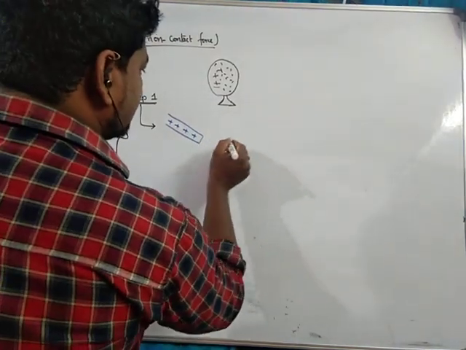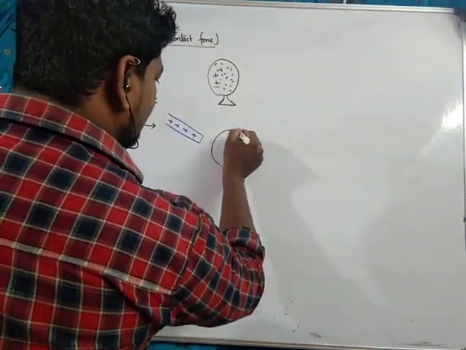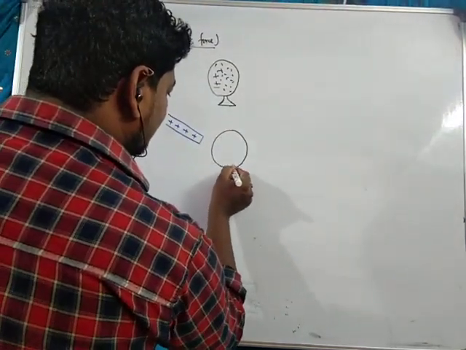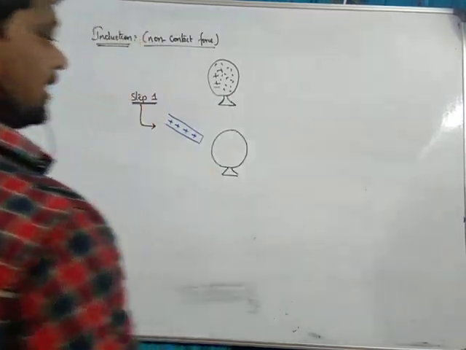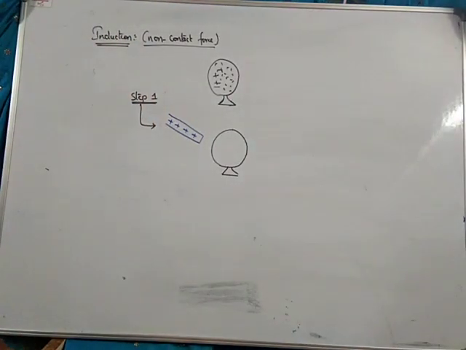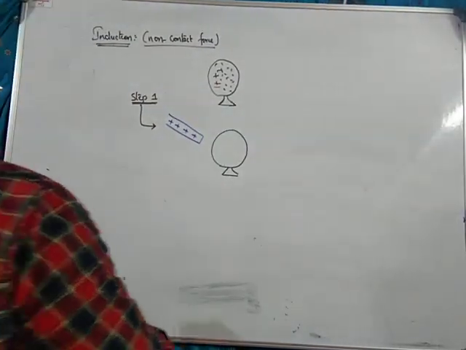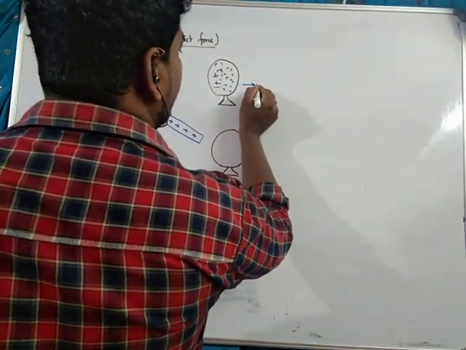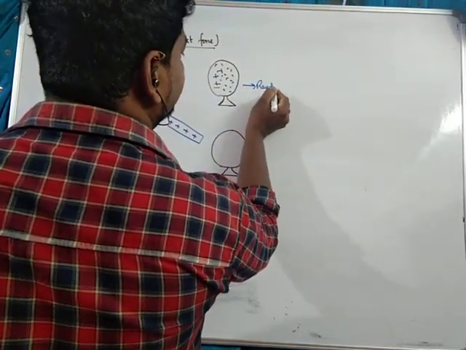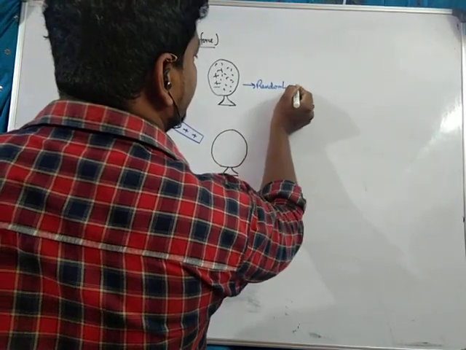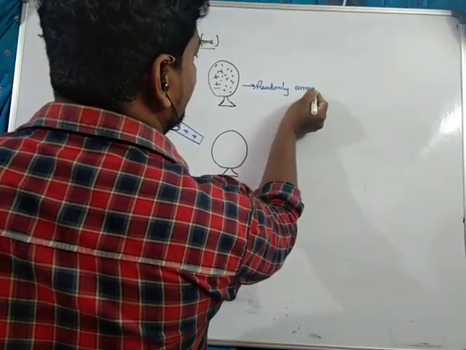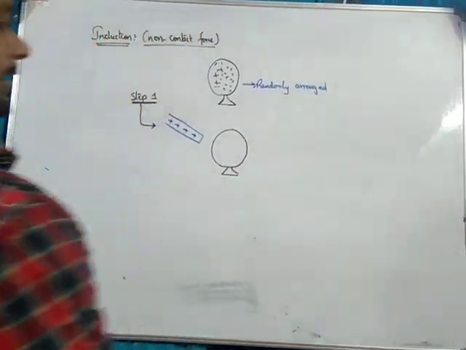If you place this positively charged rod near the conductor, near the metal, initially we stated all positive and negative charges are randomly arranged. We don't have a particular direction.